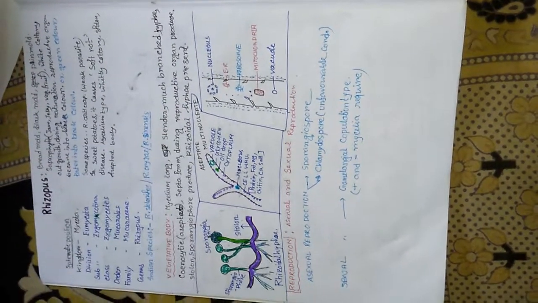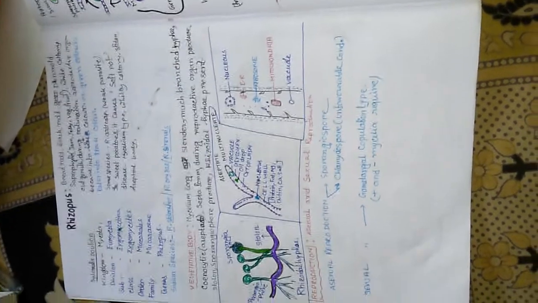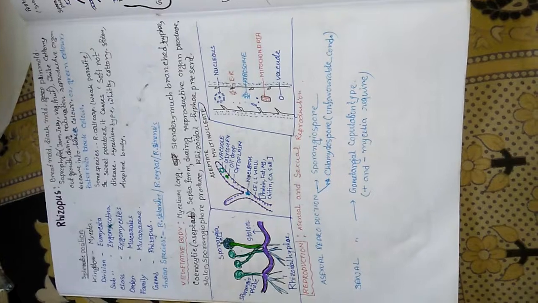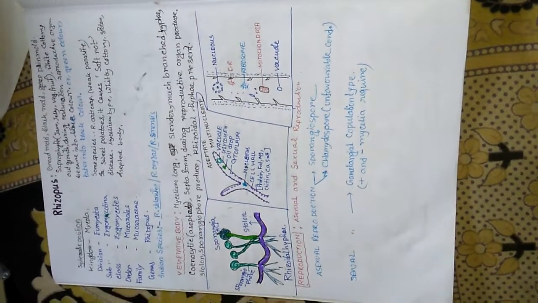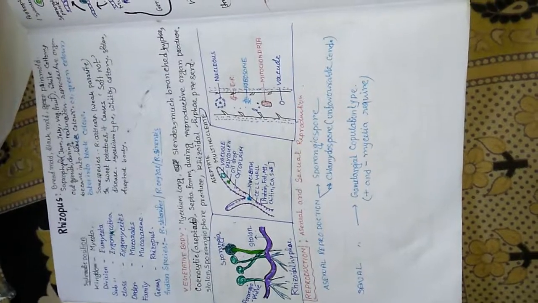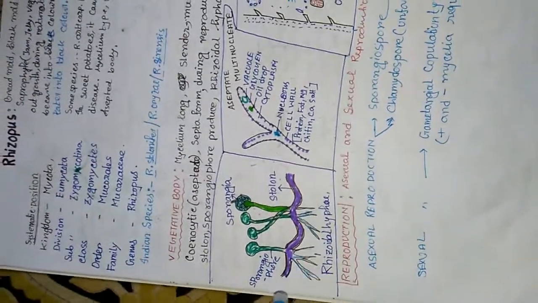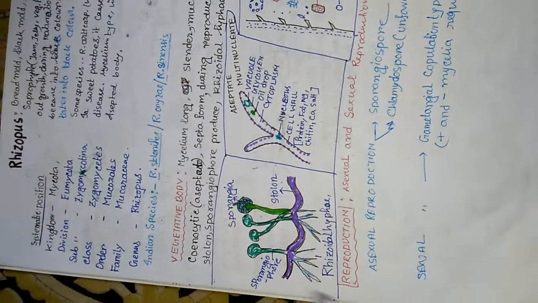Stolons appear. This fungus is coenocytic, but when the reproductive organs are produced, septa are formed, and rhizoidal hyphae are present. This is the image of the Rhizopus.